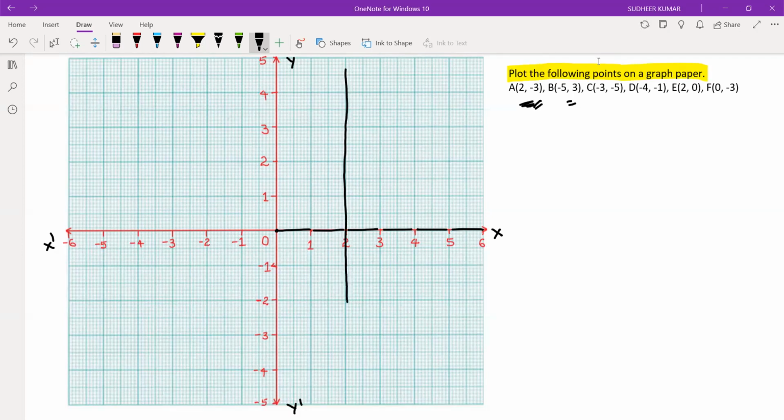So let's extend this and draw a line where these two intersect. This is the required point, A, (2, -3). Now, if you don't want these lines, you can erase them.